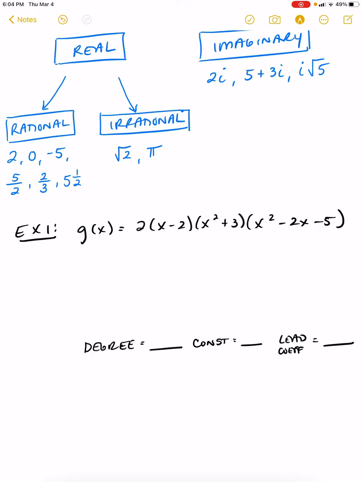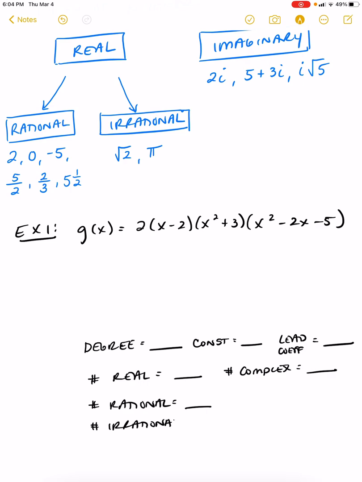Then we'll tell how many of the solutions are real and how many are complex or imaginary zeros. Of the real ones, we'll see how many are rational and how many are irrational.